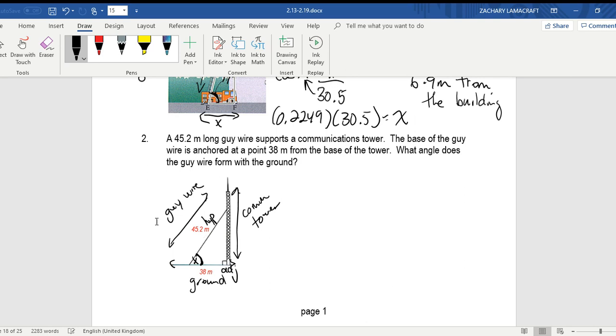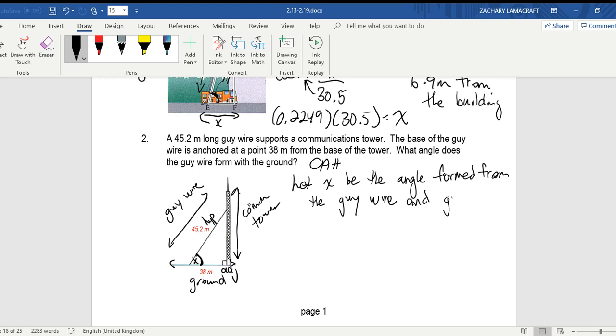And we're going to put x into our angle spot. Once again, we know we use CAH, and we're going to let x be the angle formed from the guy wire and ground. Okay.